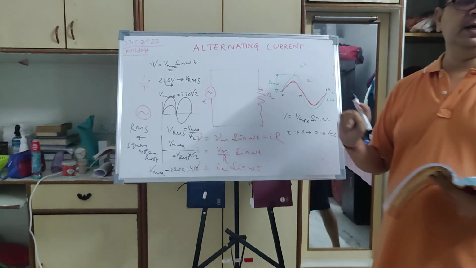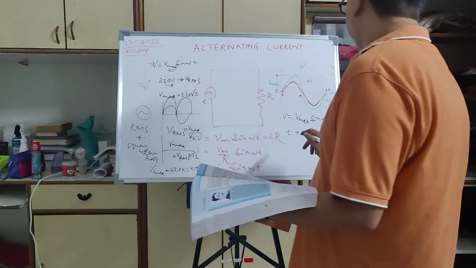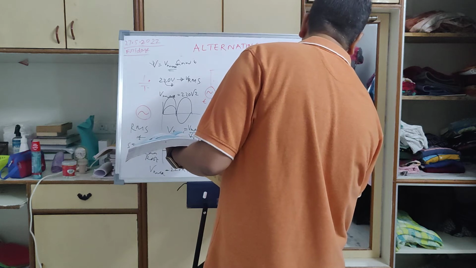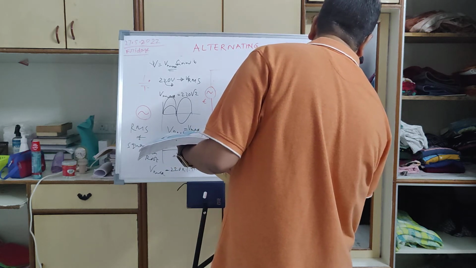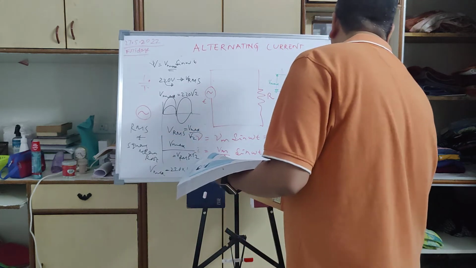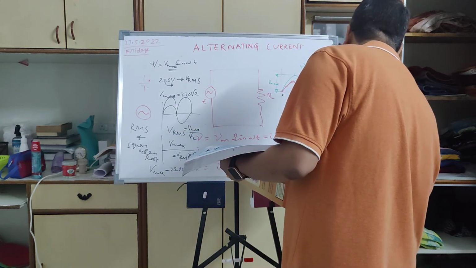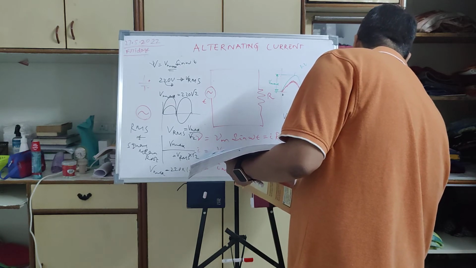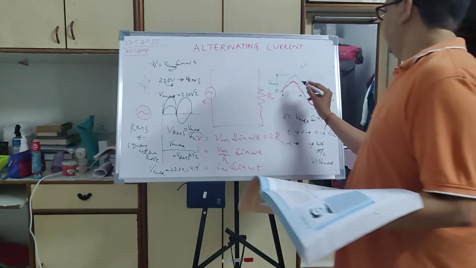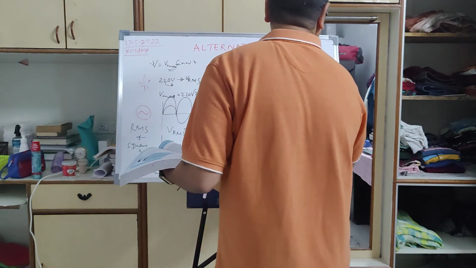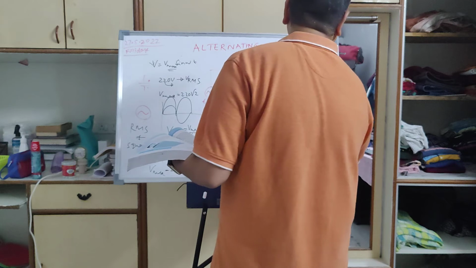At the beginning my voltage is 0, but when omega t is equal to pi by 2, then V becomes equal to V max. This point is pi by 2, this is pi, and this is 3 pi by 2.